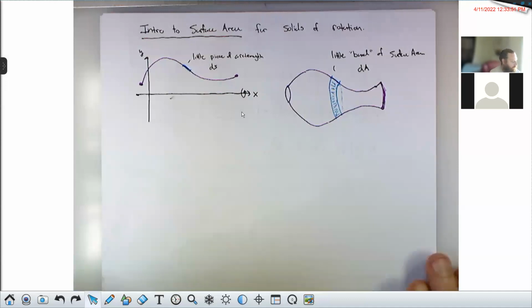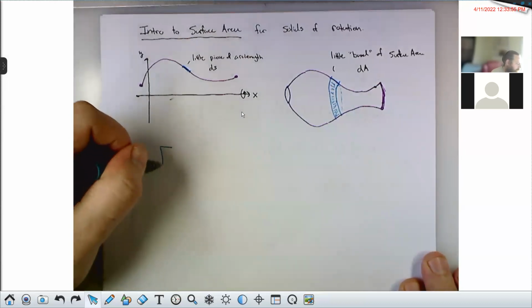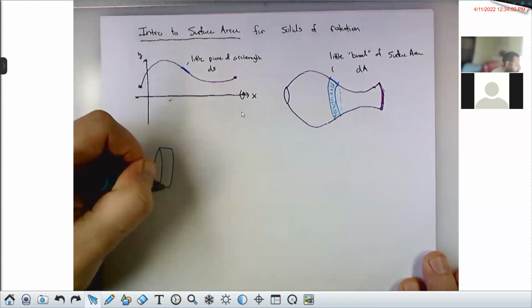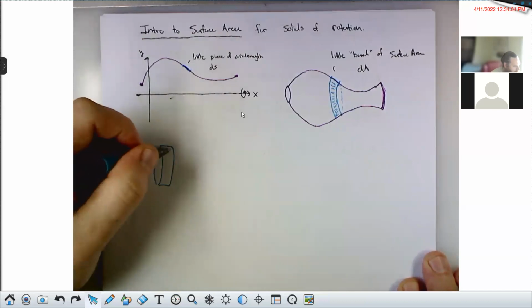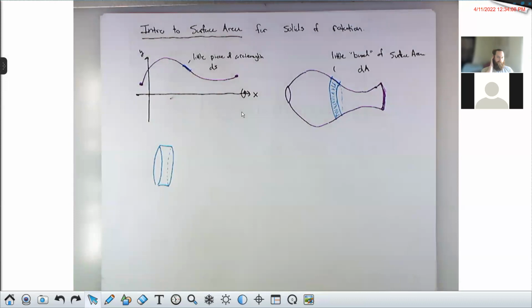So now the question is, how do you find the surface area of a little band like this?